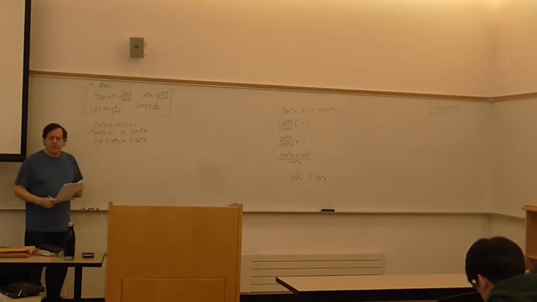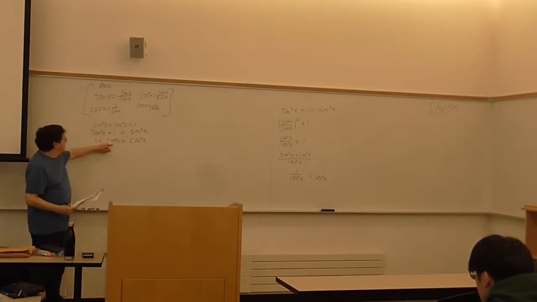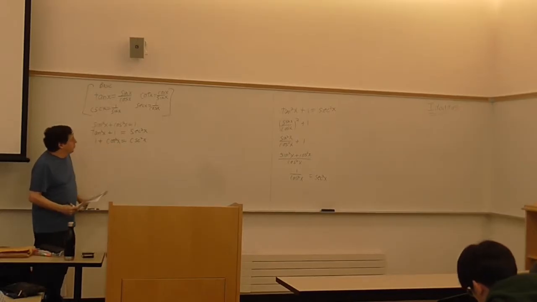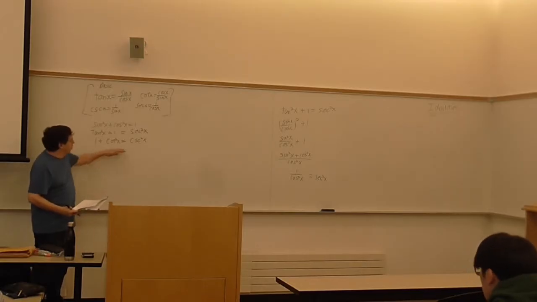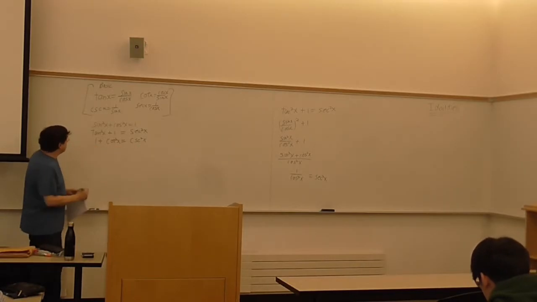Essentially the same process. I can convert these to sines and cosines. I'll have an elimination when sine squared plus cosine squared equals 1, and I'll see this is also true.